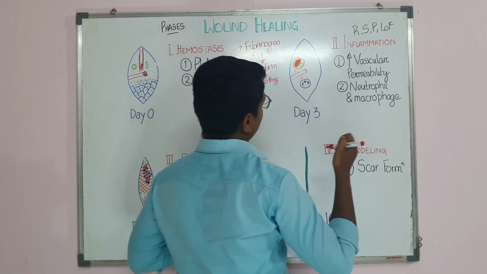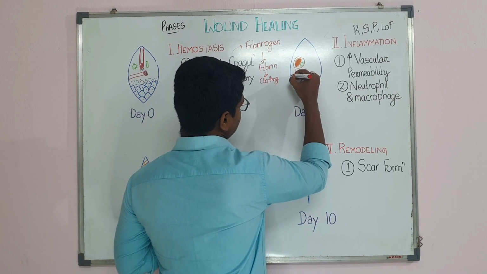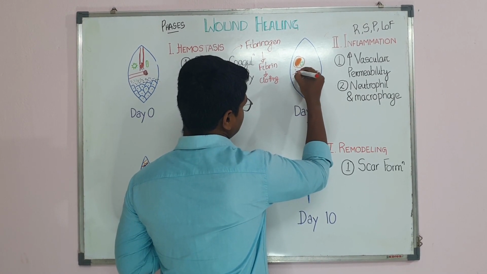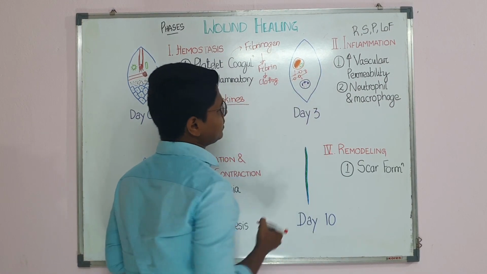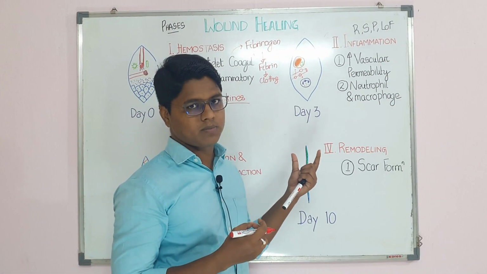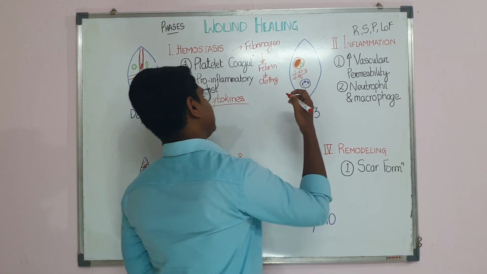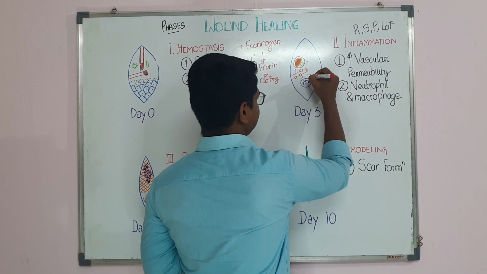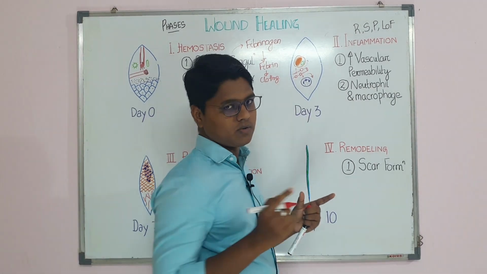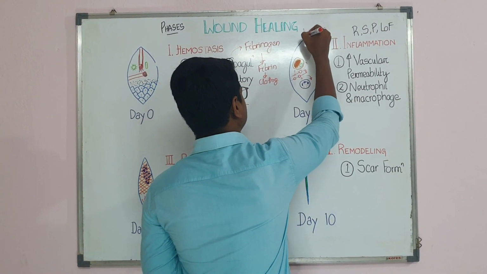The vascular permeability will increase. You know there are pores in blood vessels. Through these pores, due to increased vascular permeability, the macrophages and the neutrophils will migrate to the tissue. The process is known as diapedesis. You might be knowing.